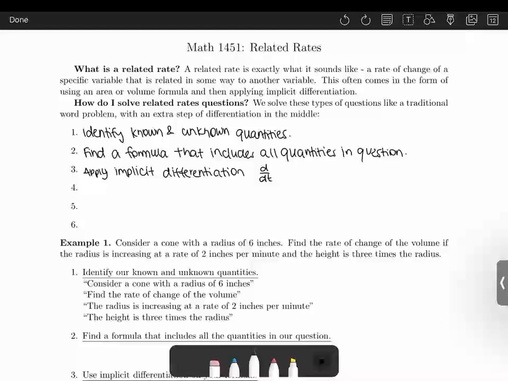After we apply implicit differentiation on the formula we found in step 2, the next step is to plug in our known quantities. Anything that the question told us, we are going to plug into our formula, and then we can solve for our unknown quantity.